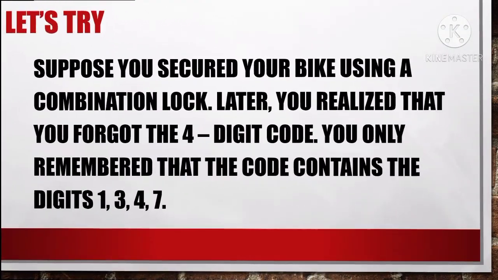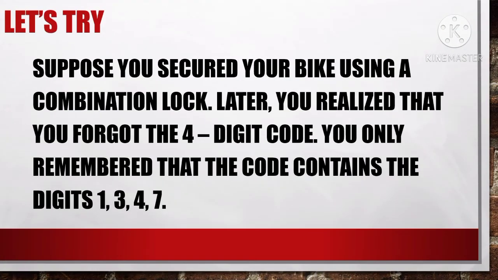So let's go back to the problem given. Suppose you secured your bike using a combination lock. Later, you realize that you forgot the 4-digit code and you only remembered that the code contains the digits 1, 3, 4, and 7.